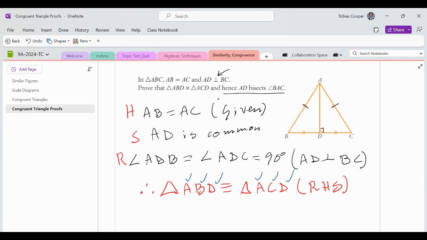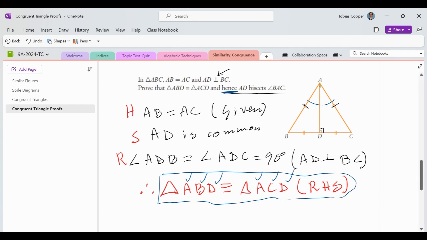Now the hence means use what you just proved. So this is what we just proved. Okay, so use this. So the hence means use what you've proved to show that AD bisects angle BAC. So here's angle BAC, and AD is here.